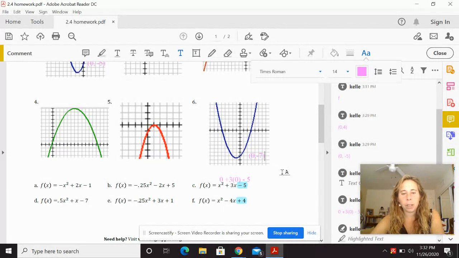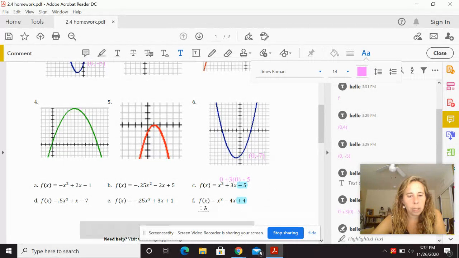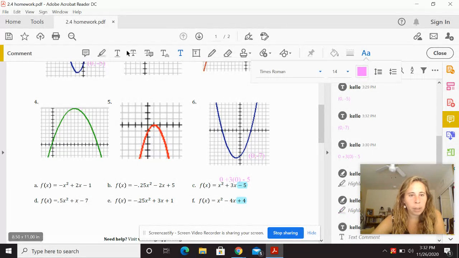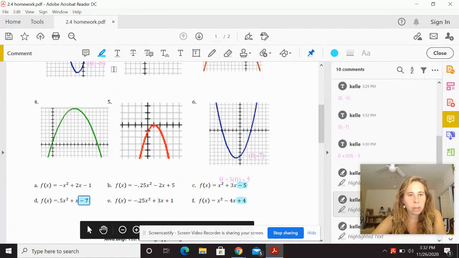That's my y-intercept. Go ahead and find the equation. Which one of these equations matches that? Yeah, this one. So 6 would be D.